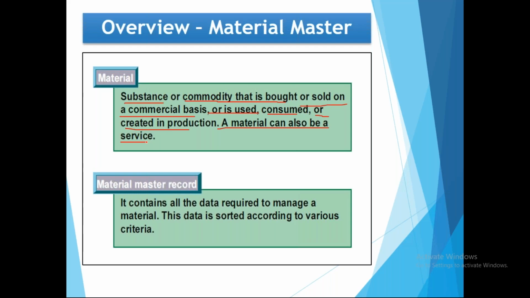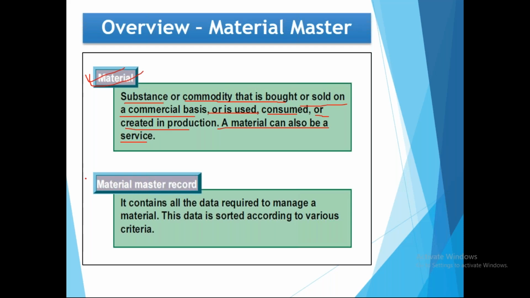Even machine spare parts in the organization, nut, bolt, or stationery like pen, pencil, paper, everything is called a material in the SAP system. So it can be anything, not only a finished product or a raw material which you purchase.